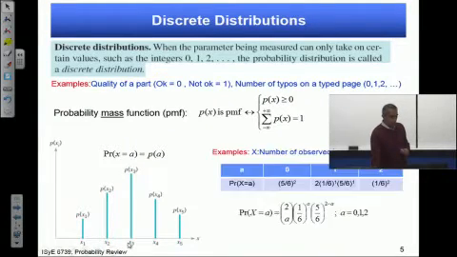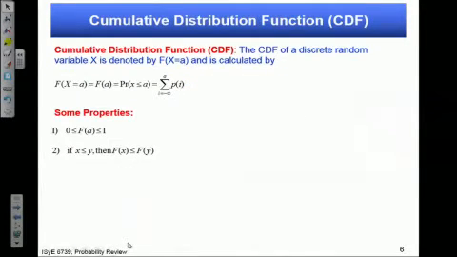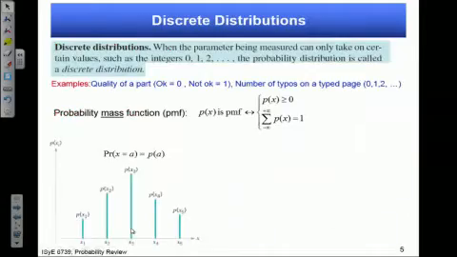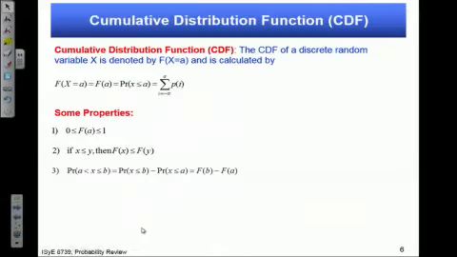And we had one example. Then we introduced the concept of CDF, or cumulative distribution function, which is simply the probability of x less than or equal to a. For calculating that we need to add up the PMF from the lower bound up to a, including a.